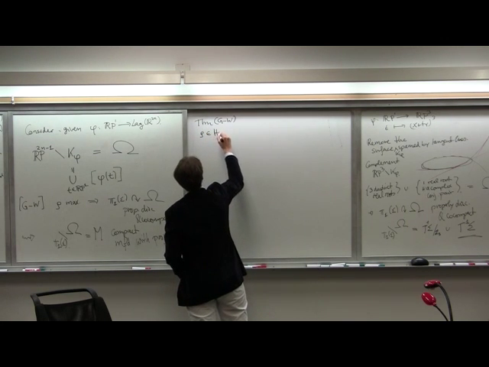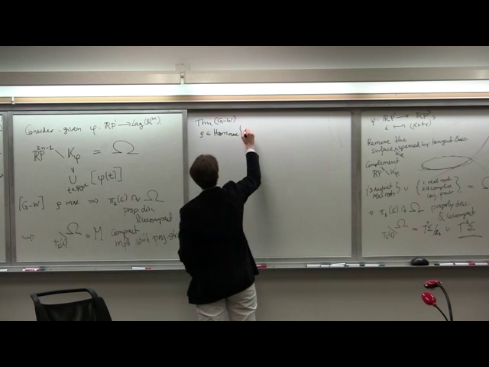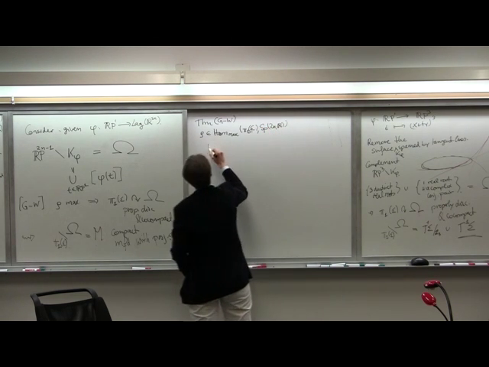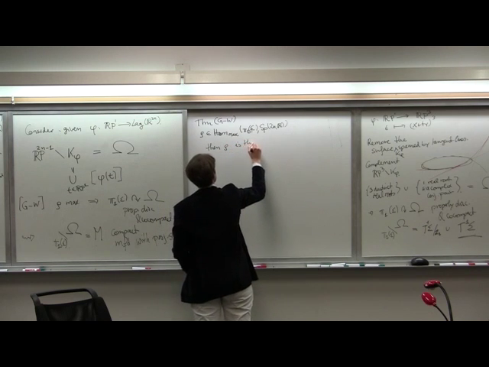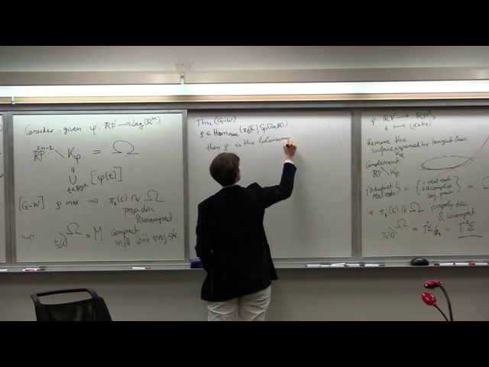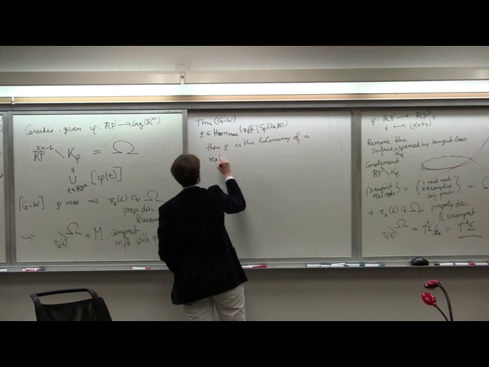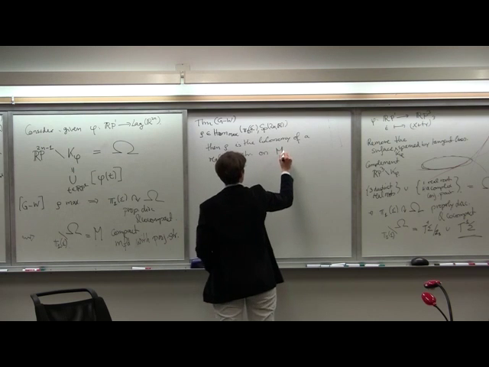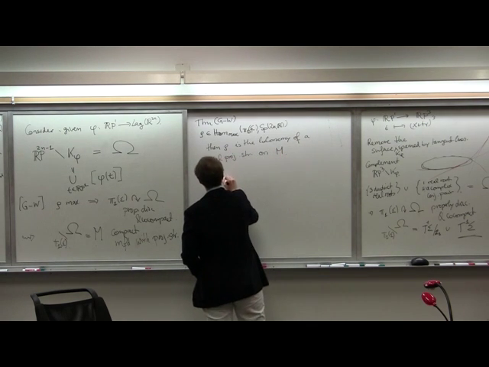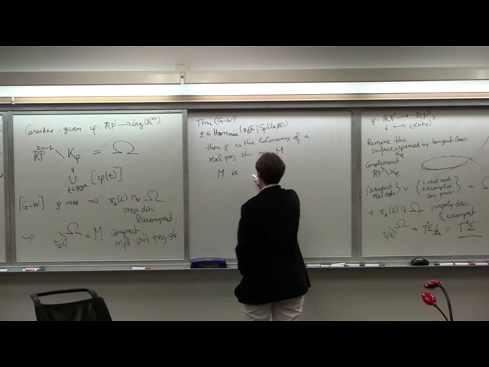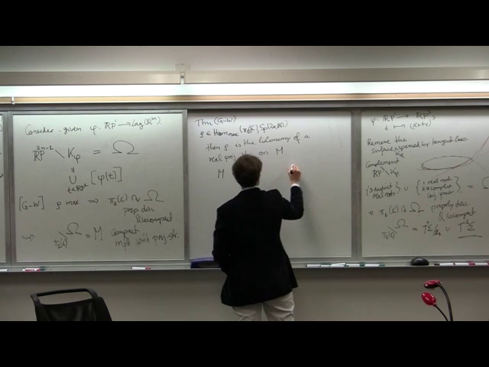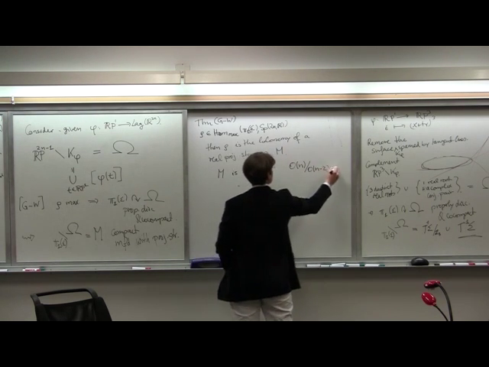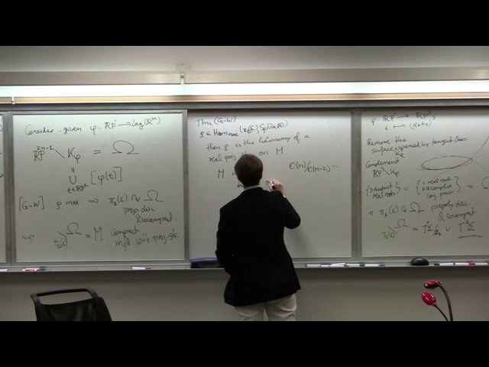If rho is a maximal representation into Sp(2n,R), then rho is the holonomy of a real projective structure on a compact manifold M, and M is topologically homeomorphic to the total space of an O(n) mod O(n-2) bundle over the surface sigma.